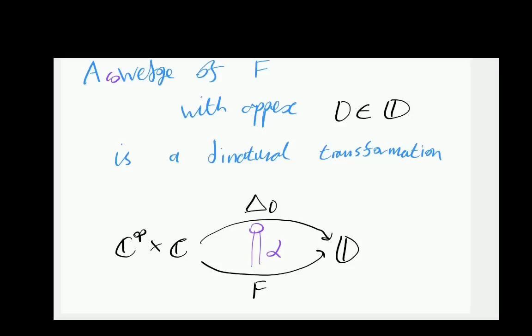Co-wedges are analogous to co-cones. So this is what a co-wedge of F looks like. It's just a dinatural transformation from F to our constant bifunctor. And so it's going to have components that look like this, and you can think of these like injection maps. This is analogous to what we have going on with coproducts or colimits.